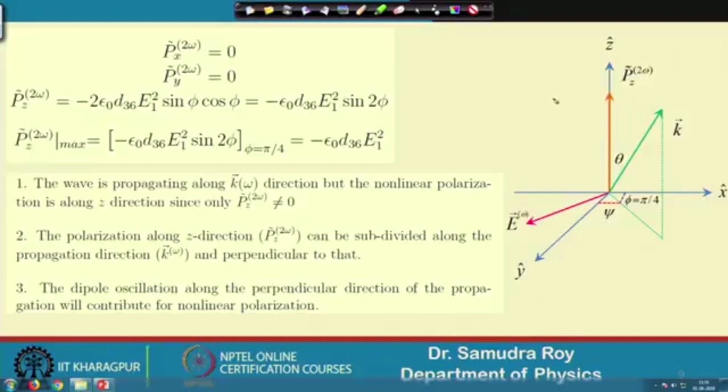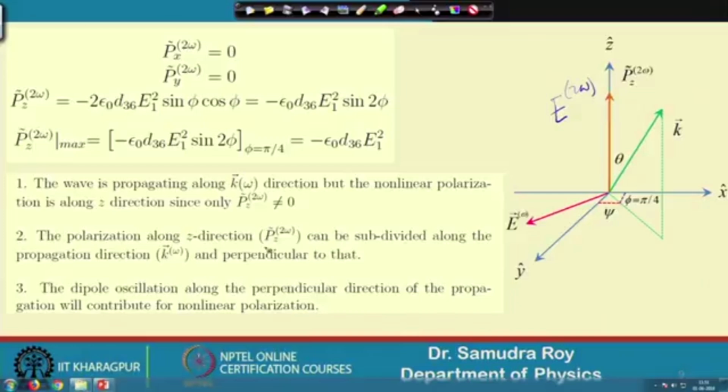The corresponding field will be E of 2 omega, and this field will vibrate along z direction. But the question is, in this particular case, let us see what we have so far. So, we have a propagation along k direction, but the nonlinear polarization along z direction, since P z is not equal to 0. So, nonlinear polarization is along this direction.